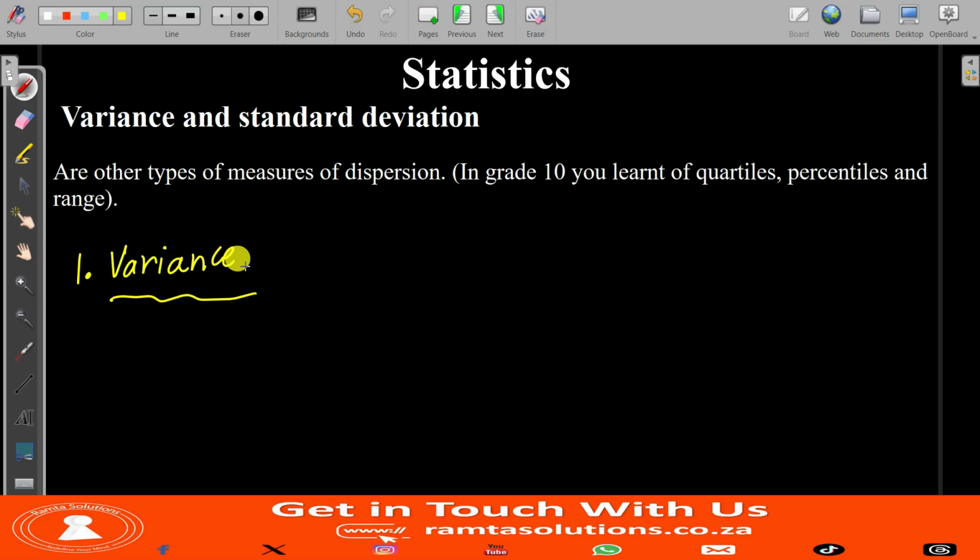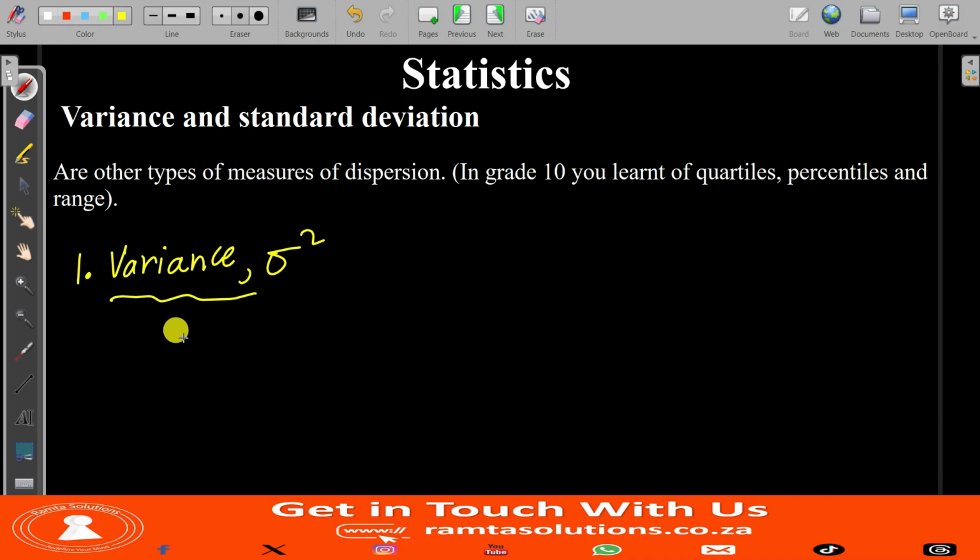This variance, we symbolize it with sigma squared. This is a sigma, different to the one that you know for sum of. So this variance is symbolized with the letter sigma squared.